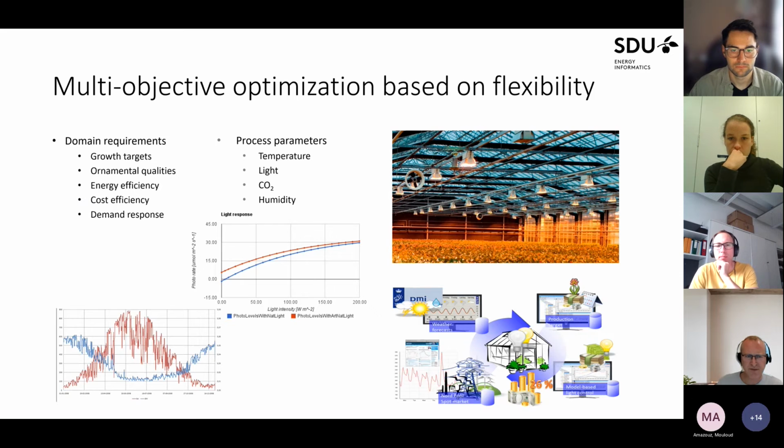But the objectives we are working with here is that we try to optimize the use of the artificial light depending on the weather forecast, such that we eliminate all unnecessary use of artificial light if we will get enough natural light over the next 72 hours.